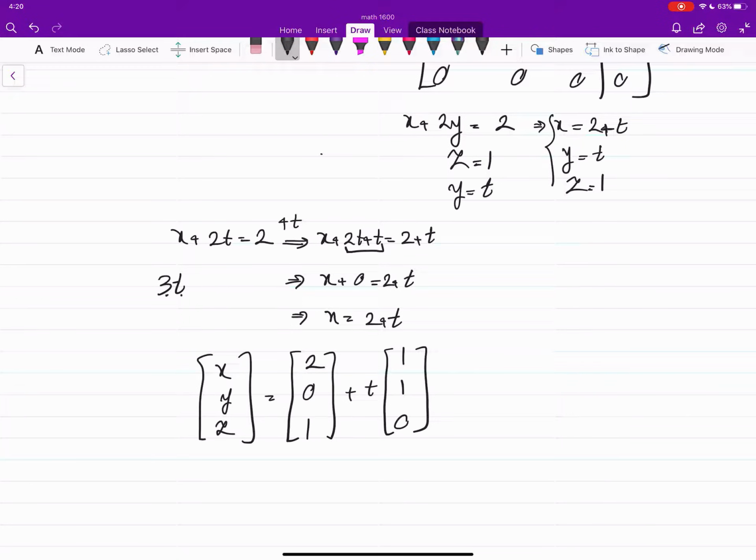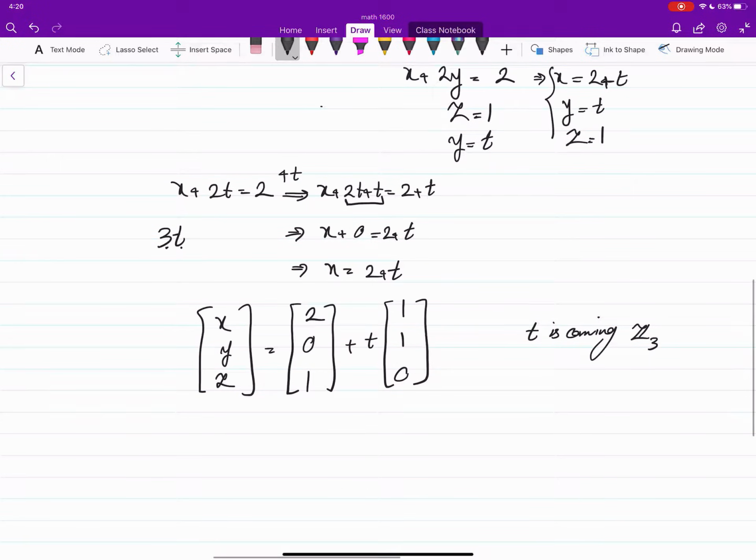Something very important: t is coming from Z3. It means that t can be either 0 or 1 or 2.